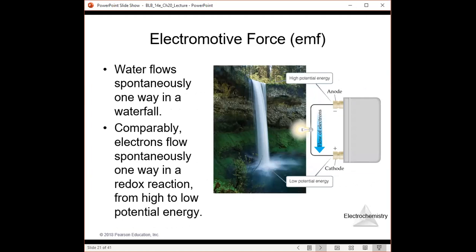Now, think about water from a waterfall. Water flows spontaneously one way in a waterfall. Comparably, electrons flow spontaneously one way in a redox reaction, from high to low potential energy. That's basically what happens.